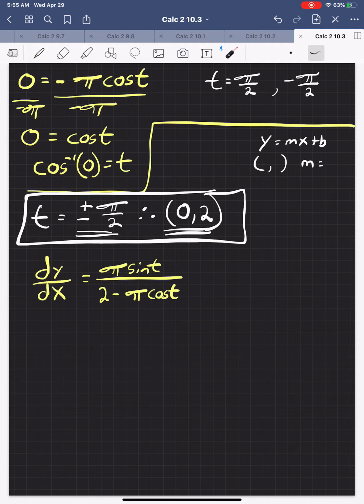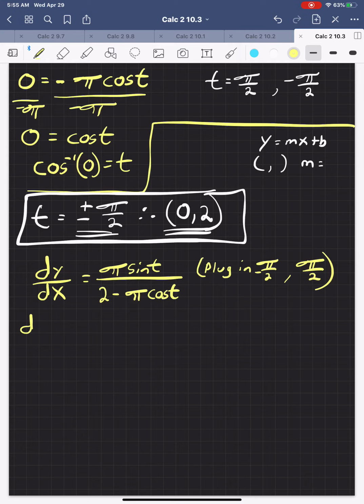You're going to have to plug in pi over 2 for t, which gives you a slope, and then plug in negative pi over 2 for t to give you the second slope. I'll write you some notes because I'm going to give you the answer. All right, well, here's what we get.